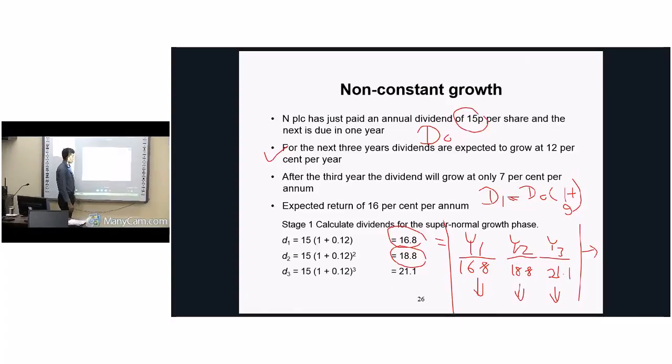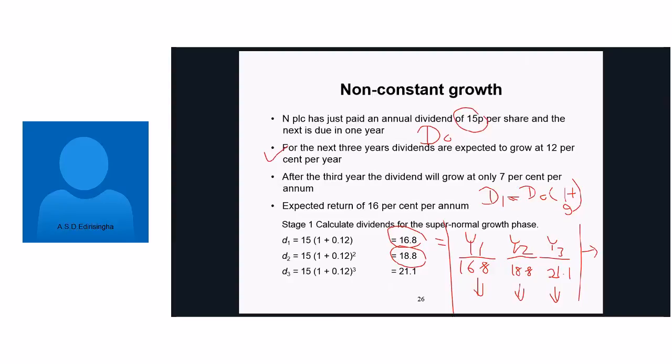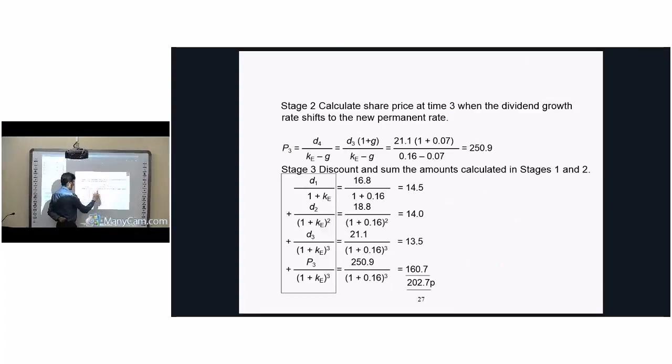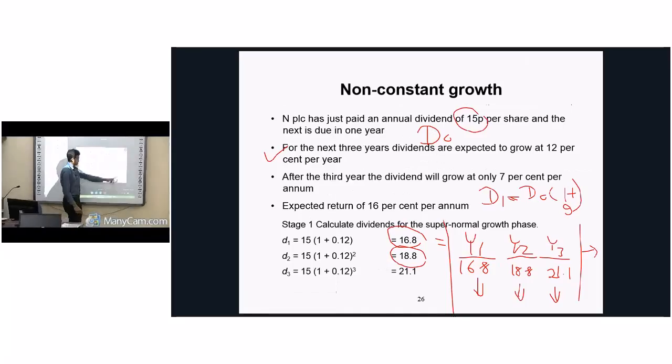So how do you calculate that? We need to take 7%, so we have to put it to the equation. Now we have 21.1. Why? We are at the end of year 3.